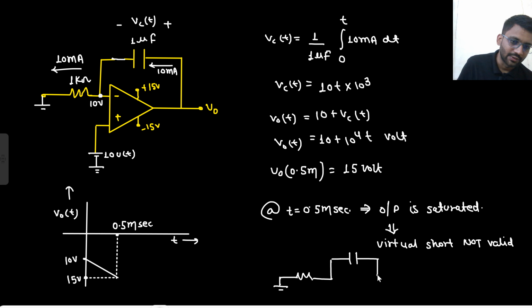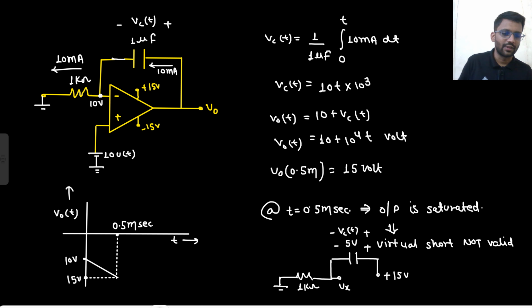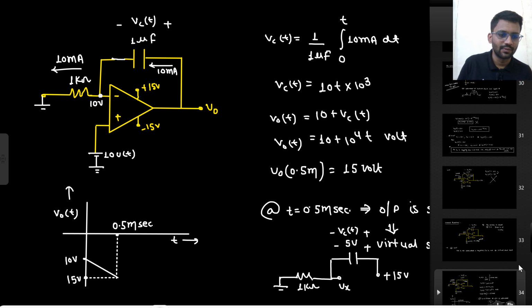And your output is saturated to 15 volt. The capacitor would have been charged to 5 volt. And this is your resistor R, which is 1 kilo. This is your Vx node, and this is your VCT. So tell me, where will the VCT go?